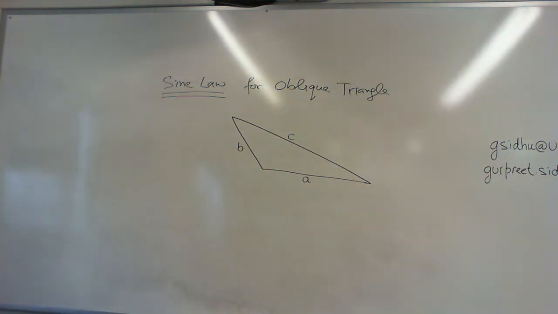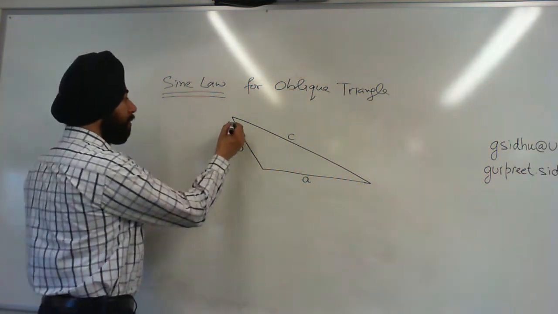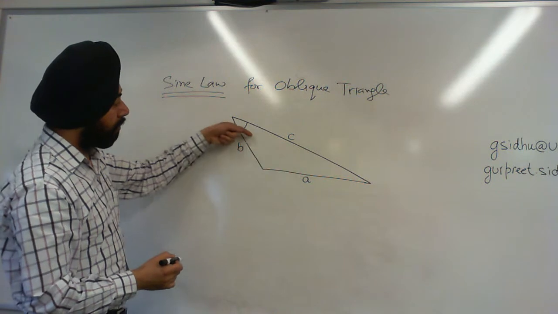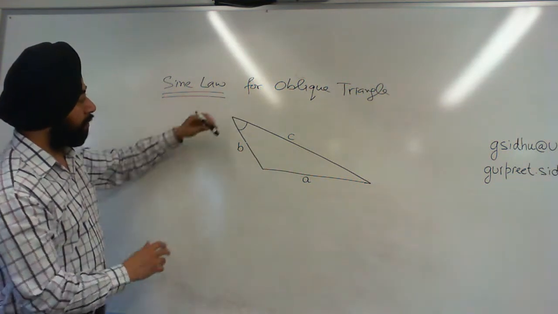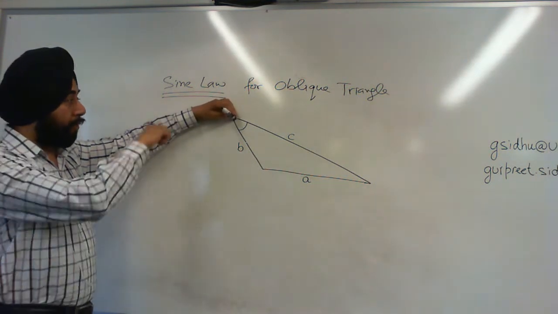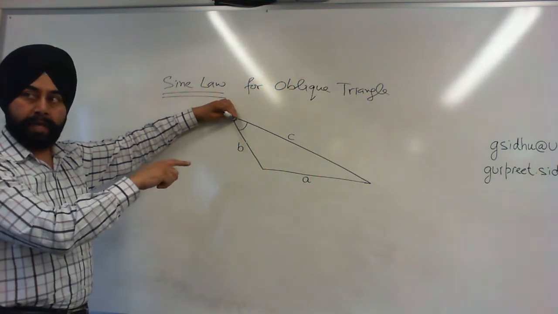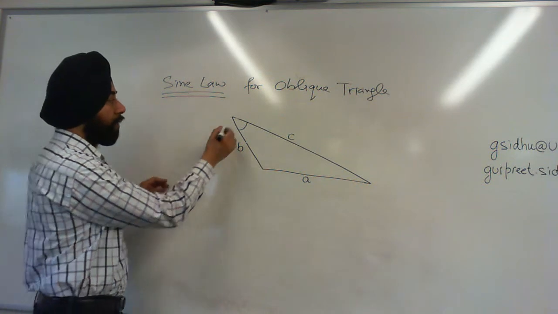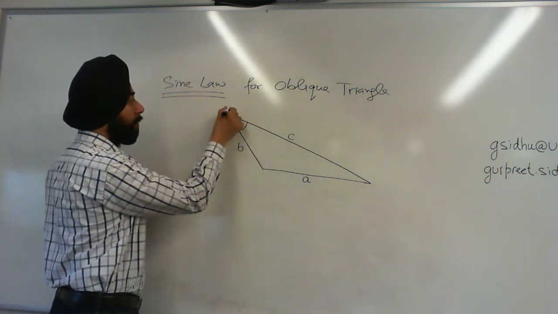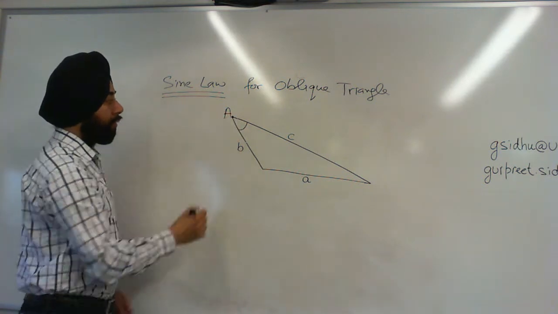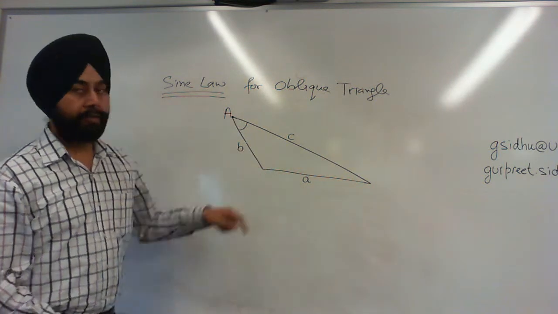These are the side lengths a, b and c. You also need to label the angles. The angle that is in front of this side, see if you stand here and you're looking towards the triangle, which side is opposite? a, right? So you will name this angle as A, capital A. Capital A is the angle that is facing the side a, small a.